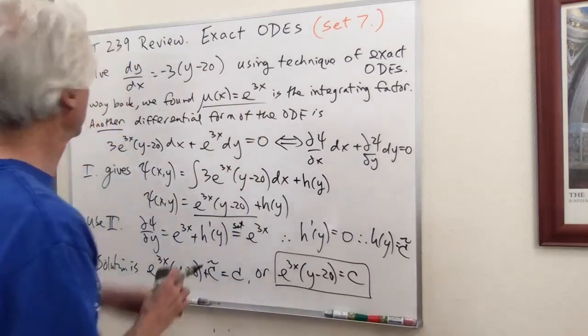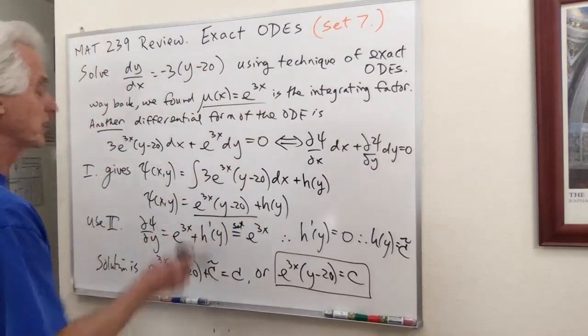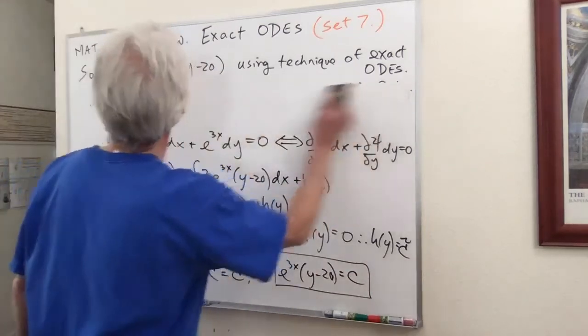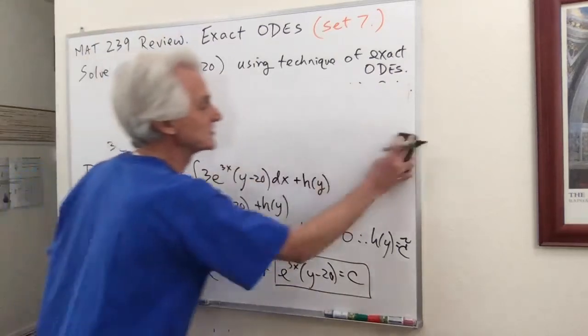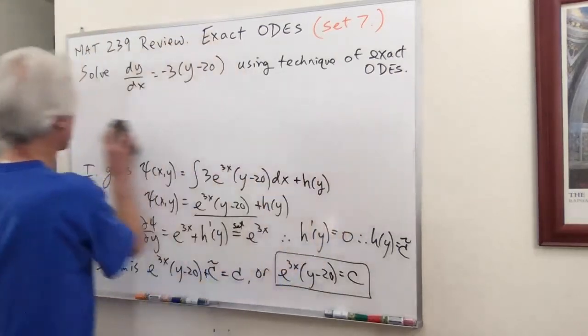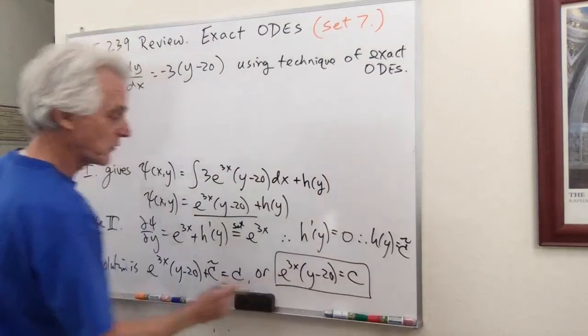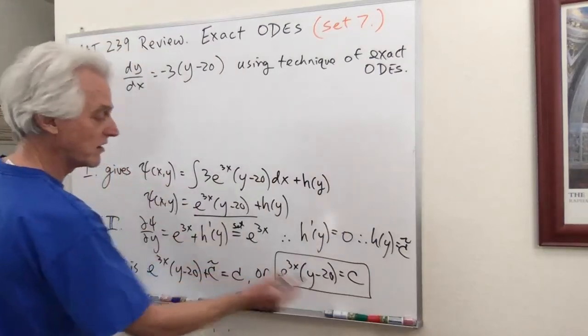It's usually all that you get when you do this. But we can actually find an explicit solution, which is to be preferred. I can actually solve this for y.